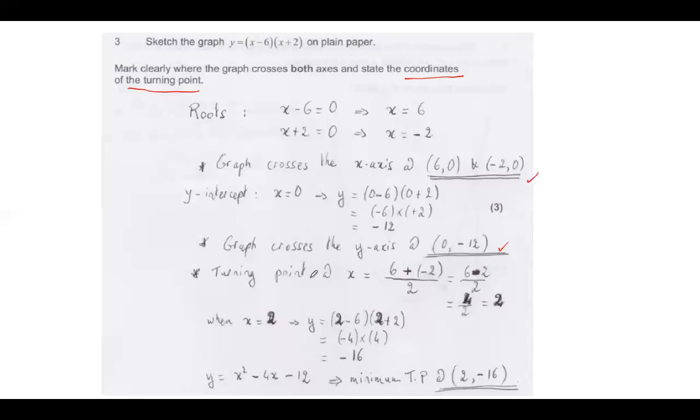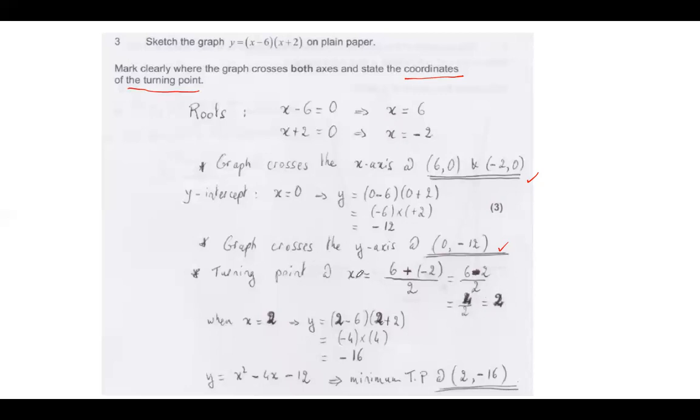And now to find the turning point, you will look for this one. If you call this x1 plus this second point, you halve them. So you're going to be halfway between where it crosses the x-axis on both sides. So 6 plus -2, that's 6 minus 2, divided by 2, is 4 divided by 2, which is 2.